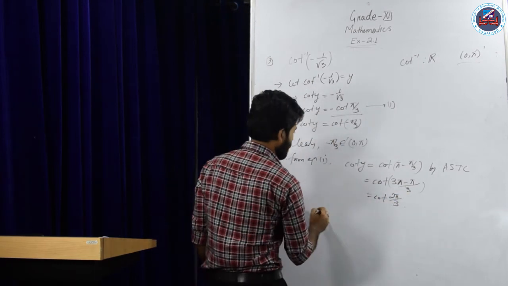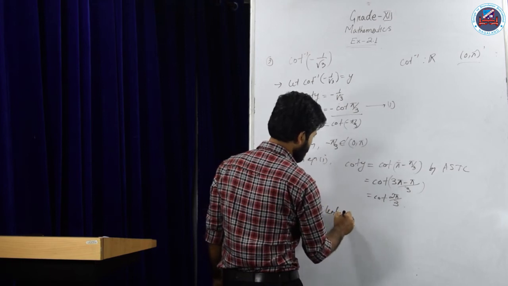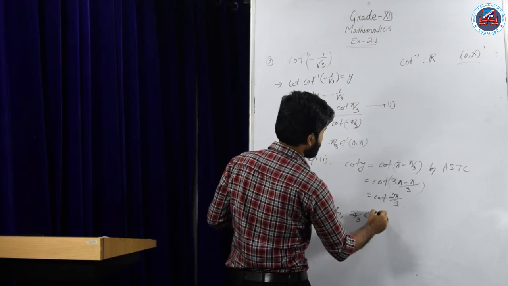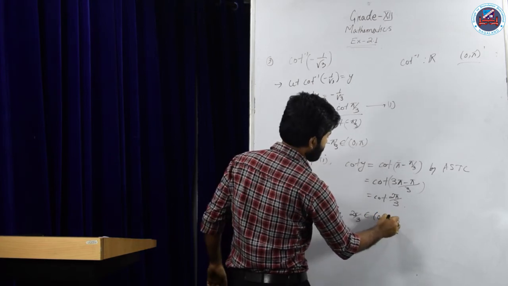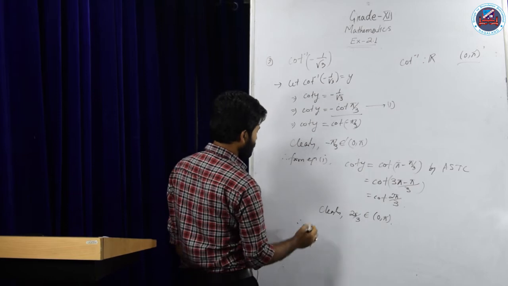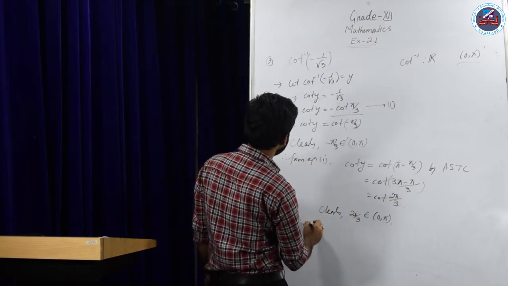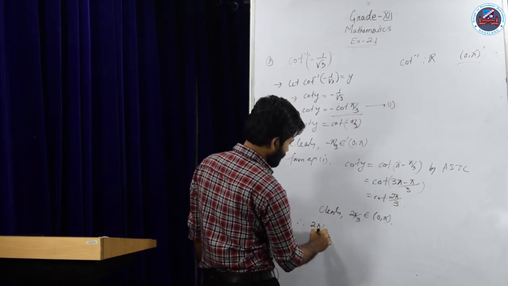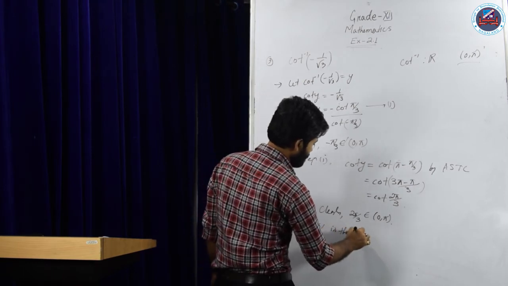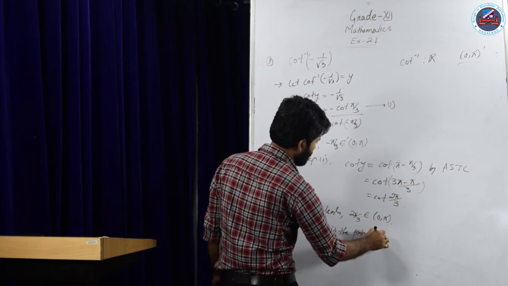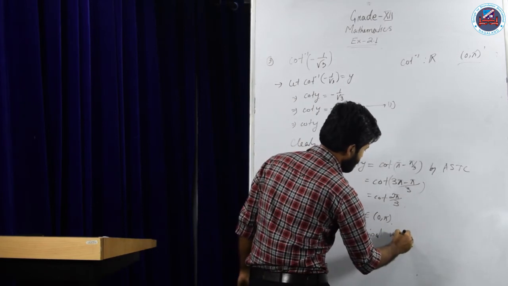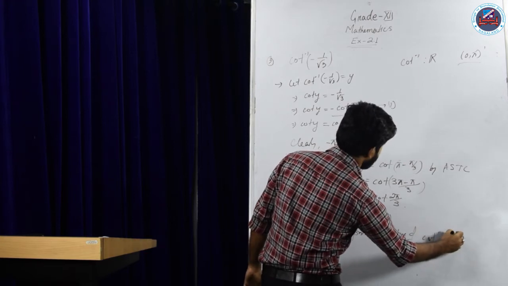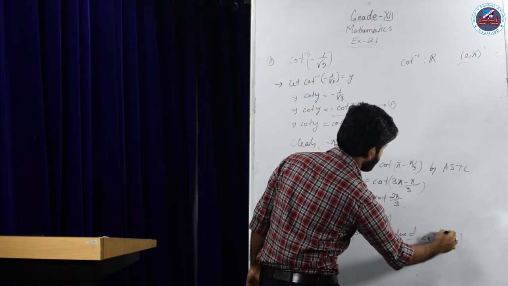Okay? So clearly 2 pi by 3 belongs to the principal value branch, that is 0, pi. Therefore, 2 pi by 3 is the principal value of cot inverse of minus 1 by root 3.